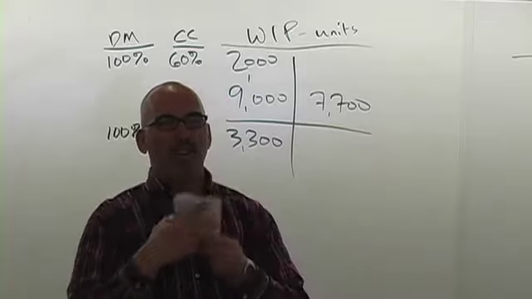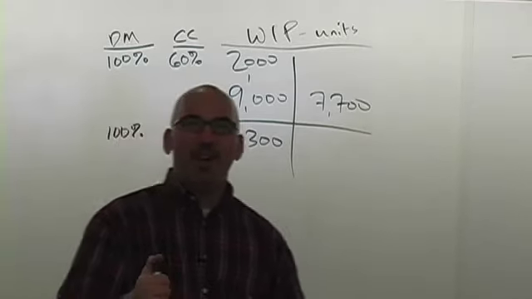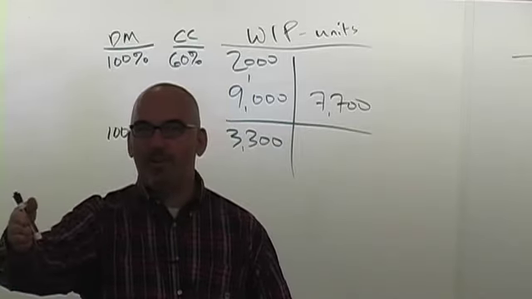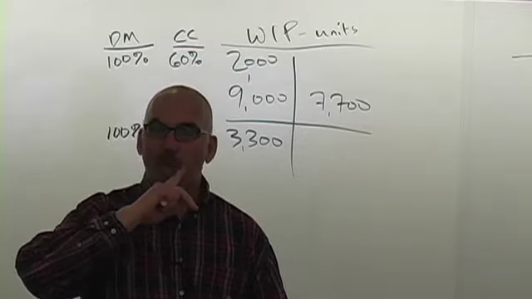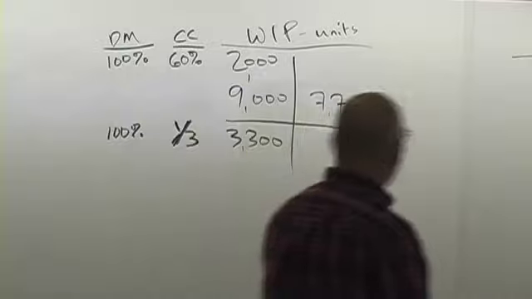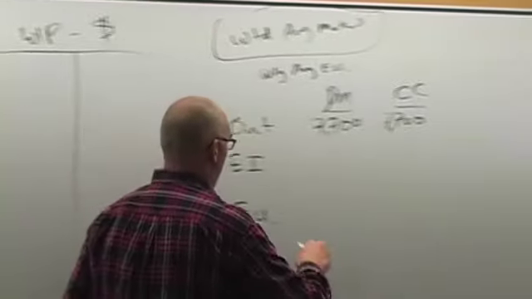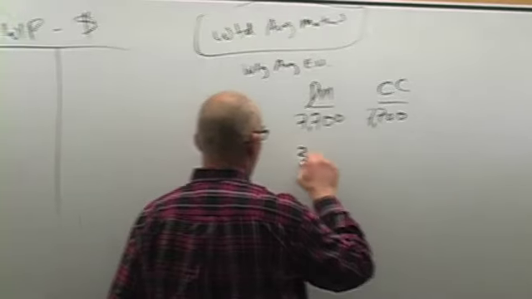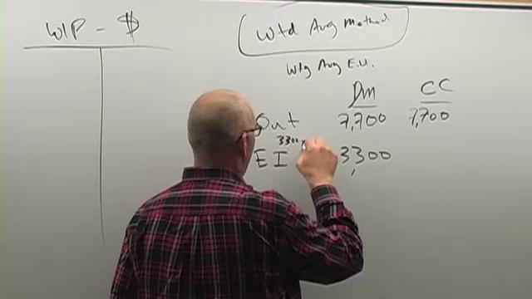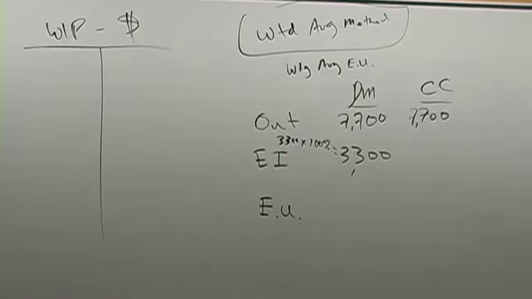You don't punch in 100 times. Do you need a calculator to multiply 3,300 times 1? No. So what's the answer? 3,300. And we got it as 3,300 times 100%. That's how we got it.